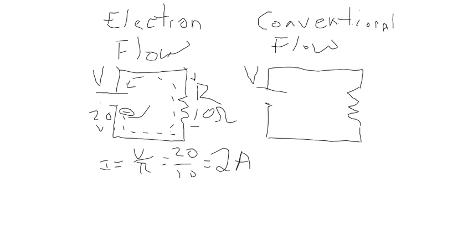I'm not going to put all the numbers on here, but assuming we get the same V and the same R, we still have the same result for current, except with conventional flow. And this happens because back when electricity was first discovered, they weren't sure what was moving around the circuit. So they assumed there was a positively charged particle that comes out of the positive side of the battery, goes through the circuit and returns back to the negative side.